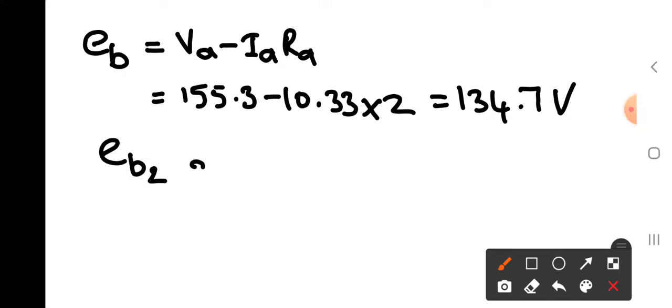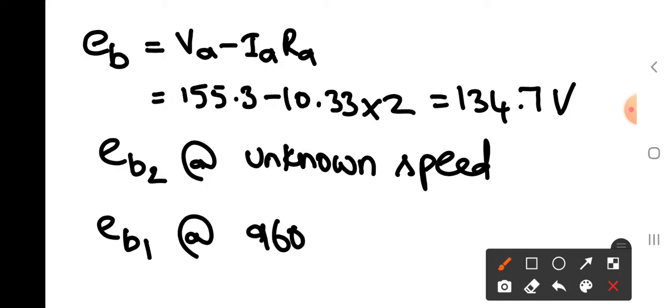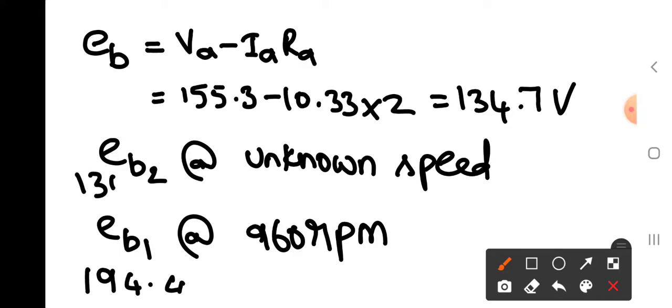Take this as Eb2 at the unknown speed, and I know Eb1 at 960 RPM. Where Eb1 is 194.4 and Eb2 is 134.7.